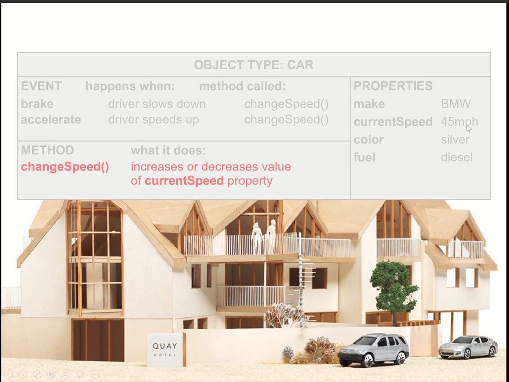For example, if the current speed is 45 miles, after you brake the current speed will drop to 30 miles. Just a demo like this to show you how these things interact with each other. Events call the methods to change the properties.